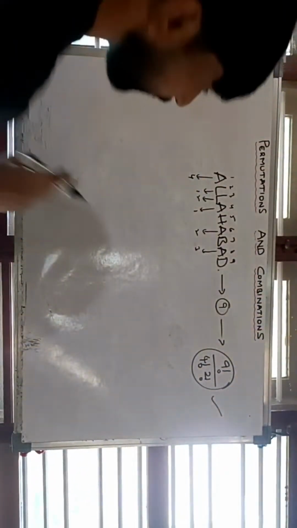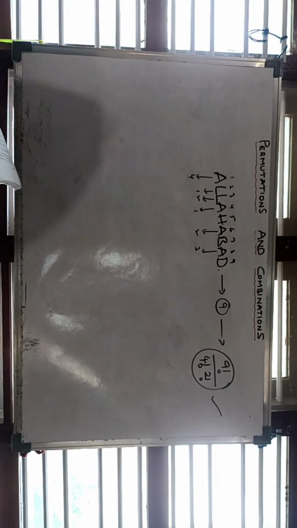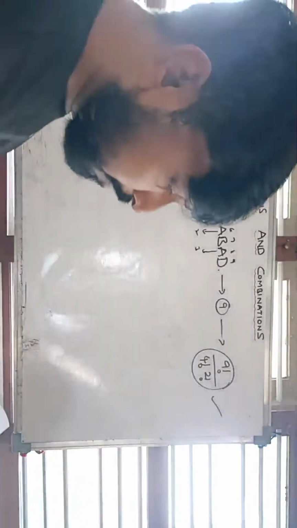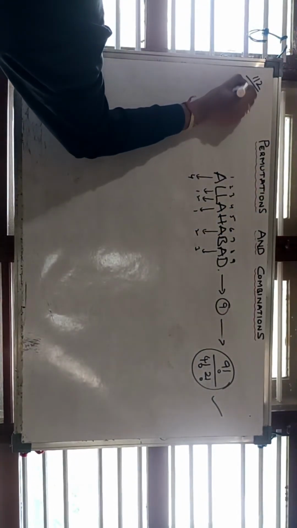So this is permutation counting for a given word. Then one more important question is given. This is the most important question for your boards. That is, page number 112, example 14.